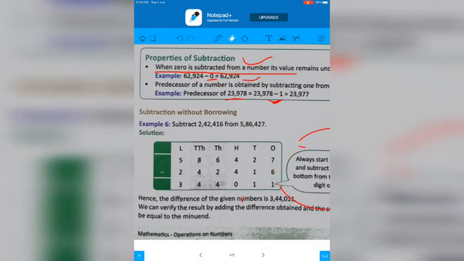Over here we have ones, tens, hundreds, thousands, ten thousands, lakh. According to these places we arrange the numbers first, then start subtracting. 7 minus 6, 1; 2 minus 1, 1; 4 minus 4, 0; 6 minus 4, 2; 6 minus 2, 4; 8 minus 4, 4; and 5 minus 2, that is 3. So this is our answer. Like this we need to do the subtraction.